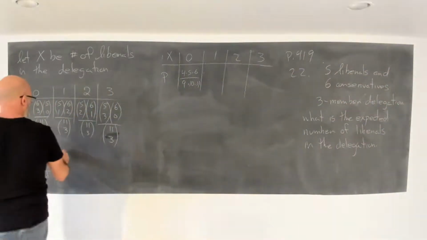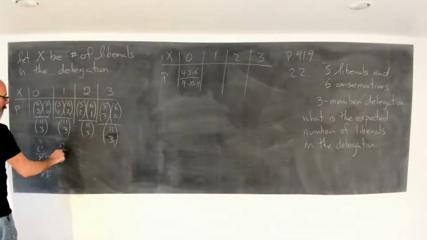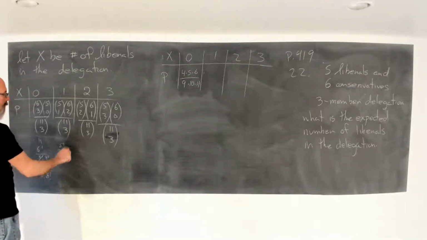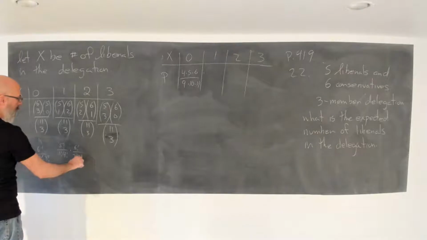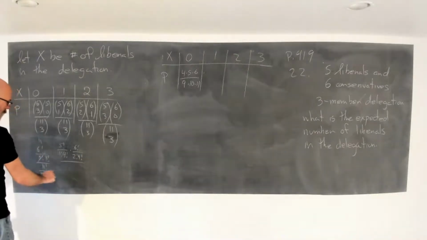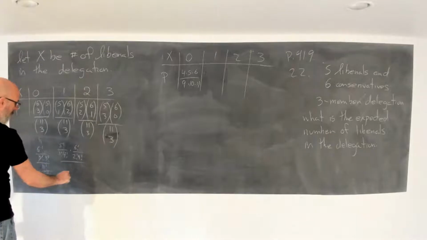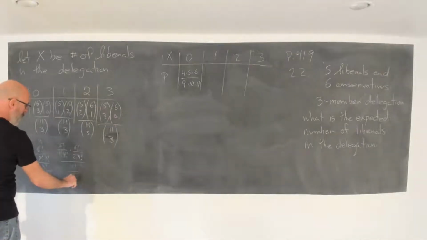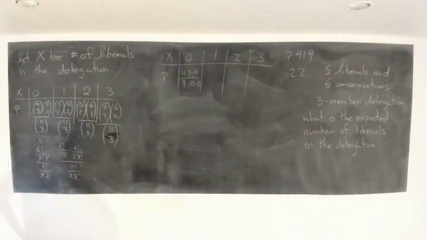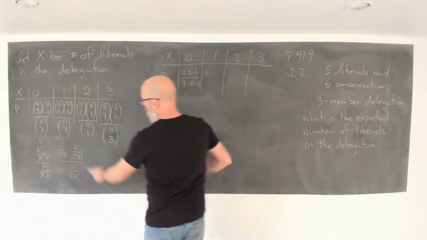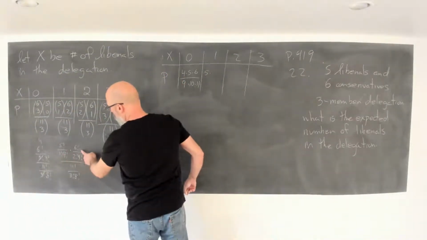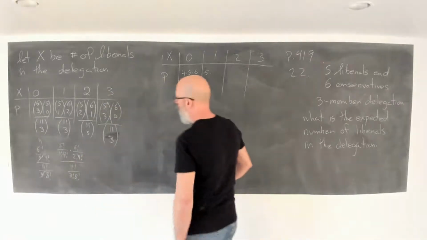Here, this is 5 factorial over 1 factorial 4 factorial times 6 factorial over 2 factorial 4 factorial, over 9 times 10 times 11. So what is that? This is 5 times 6 over 2.